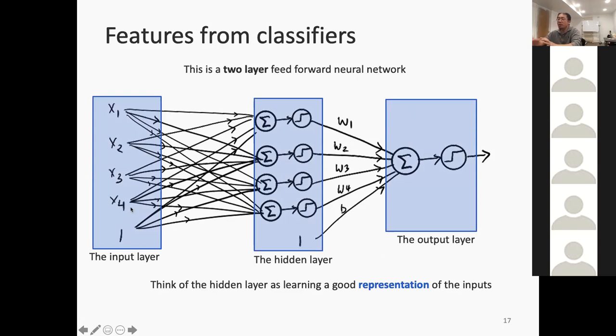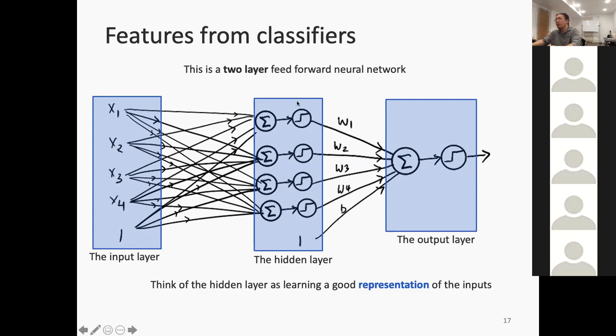But because the input layer is kind of constant, provided from the data, we usually do not count the input layer in the total number of layers. That's why we call it two-layer, because it contains one hidden layer and one output layer.